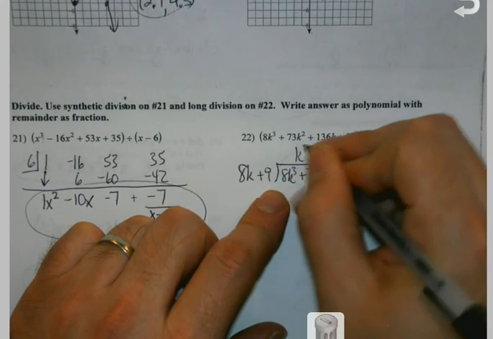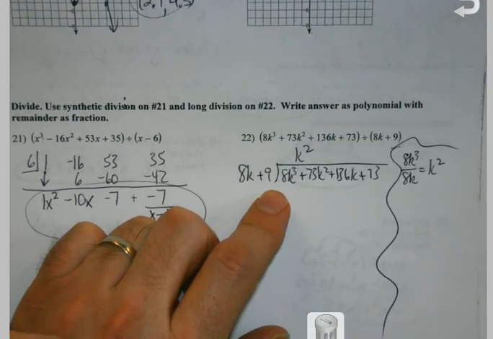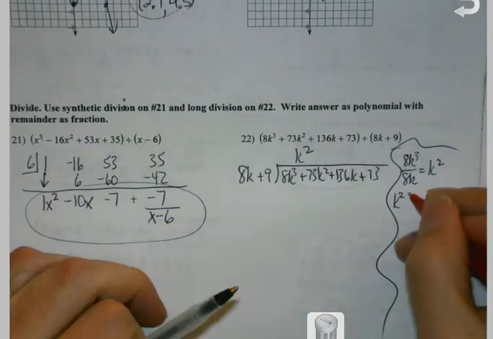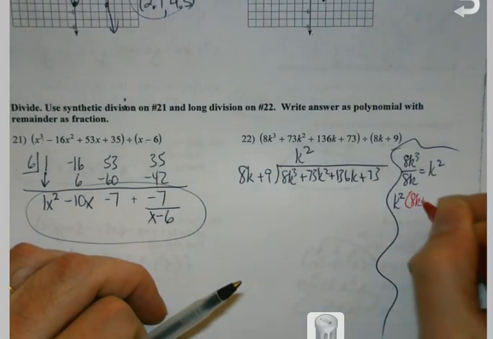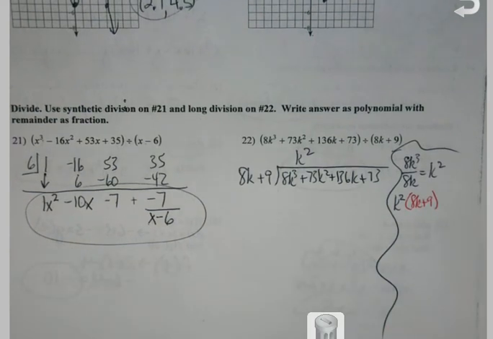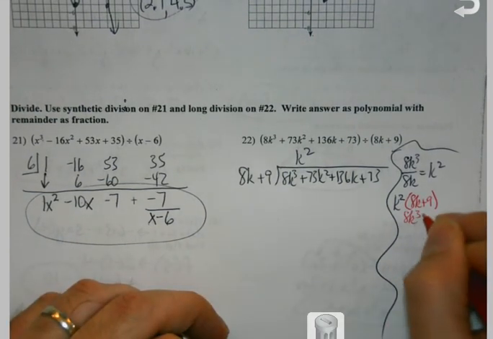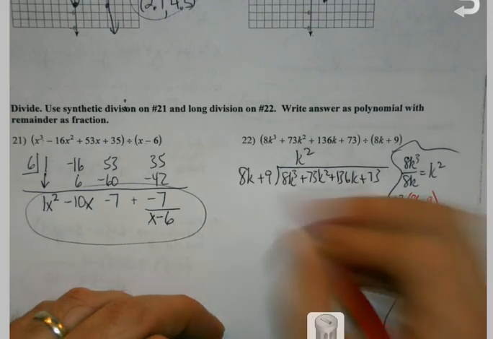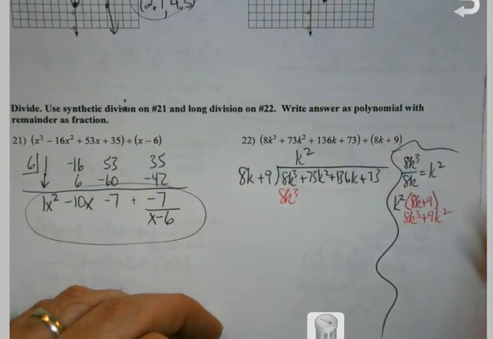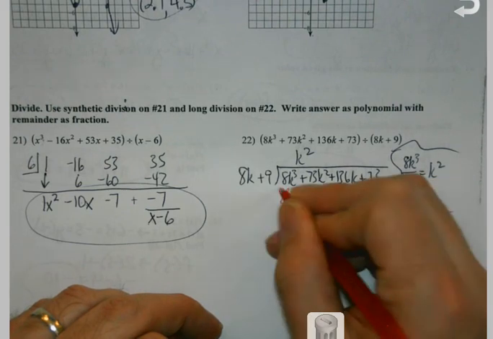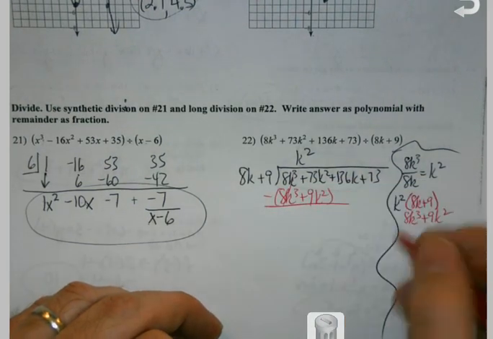Whatever you get goes up here on top. And whatever you get from that first answer, you're going to multiply it times your divisor. And whatever you get is what you're going to put below and do your old school division with.